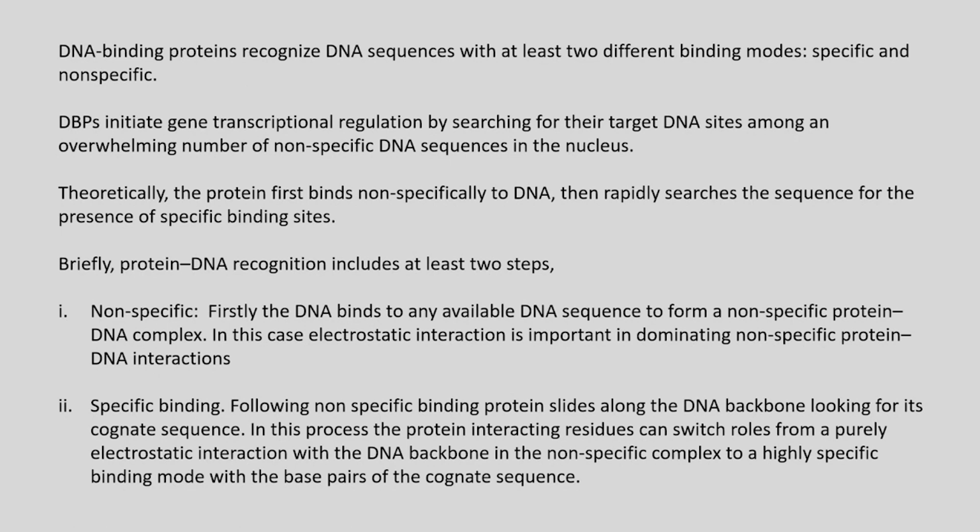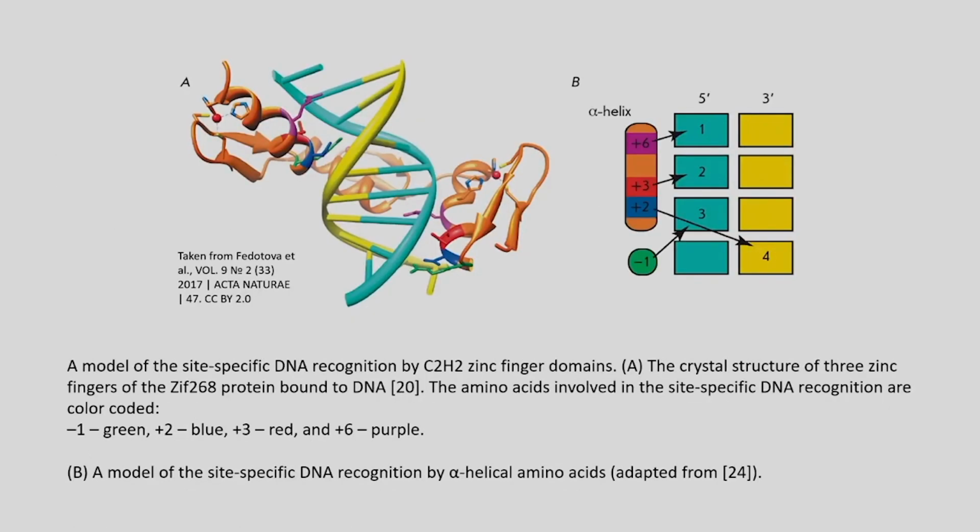Following non-specific binding, a protein will slide along the DNA backbone looking for its cognate sequence. In this process, the protein interacting residues can switch roles from a purely electrostatic interaction with the DNA backbone in the non-specific complex to a highly specific binding mode with the base pairs of the cognate sequence.